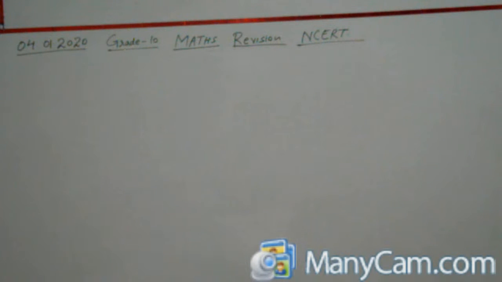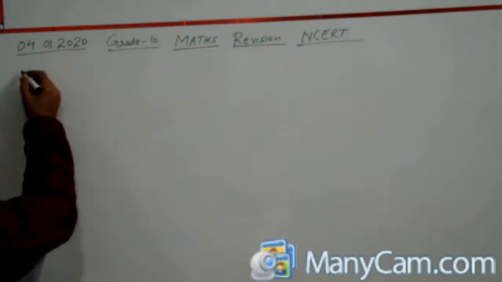Next question is, find the area of the sector of the circle. Question number 6.